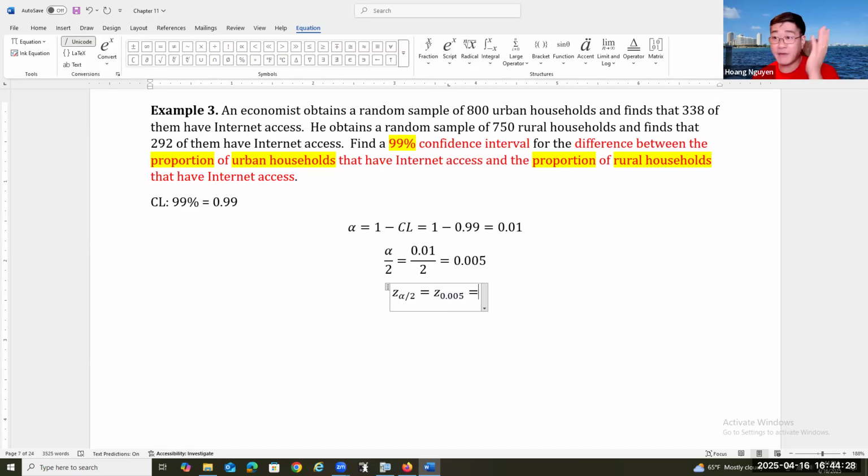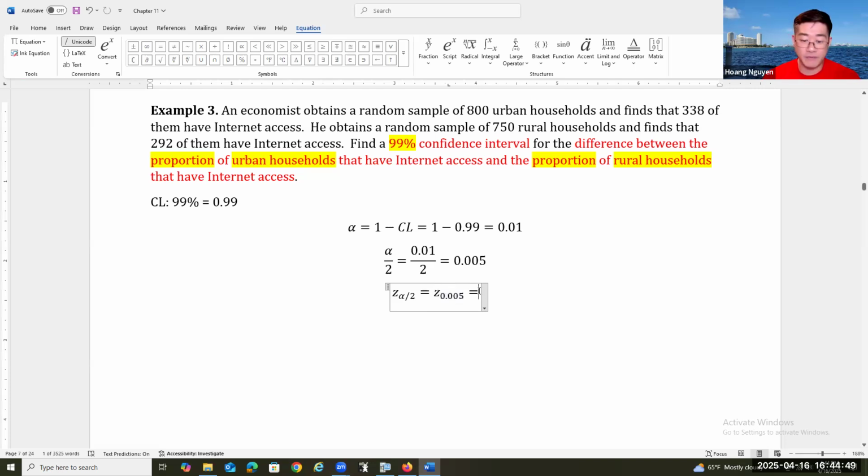Based on the definition that we learned in chapter 9, z sub alpha over 2 is a critical value such that the area to the right of this critical value is 0.005. So this is the area to the right, and you're looking for the critical value z.